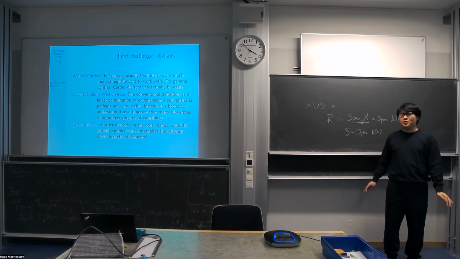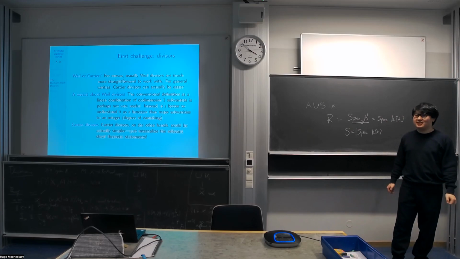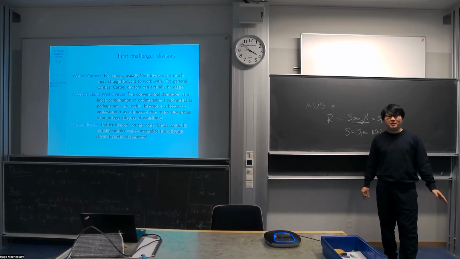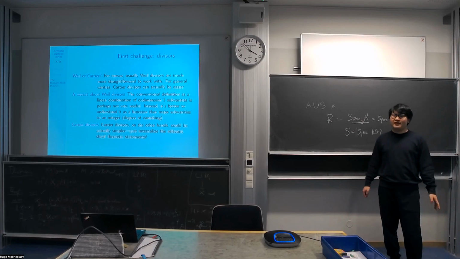So Cartier divisors are probably easier to work with synthetically. Weil divisors maybe less so? Maybe you can get something from the free abelian group over the curve, or more generally over the set of codimension one subvarieties.